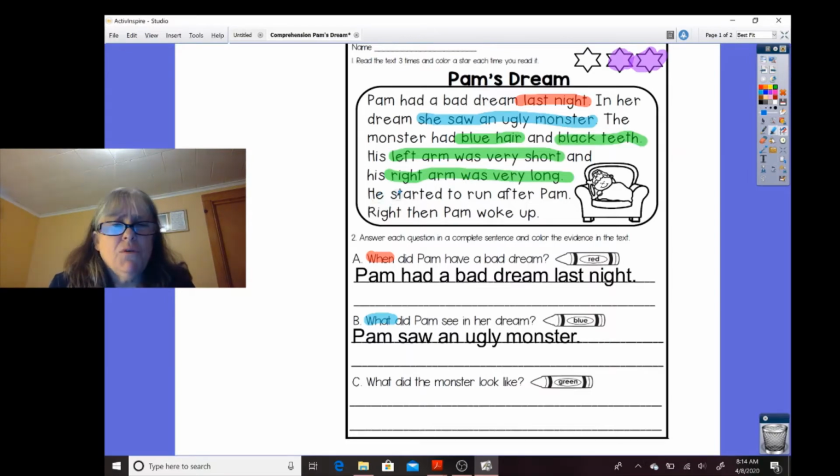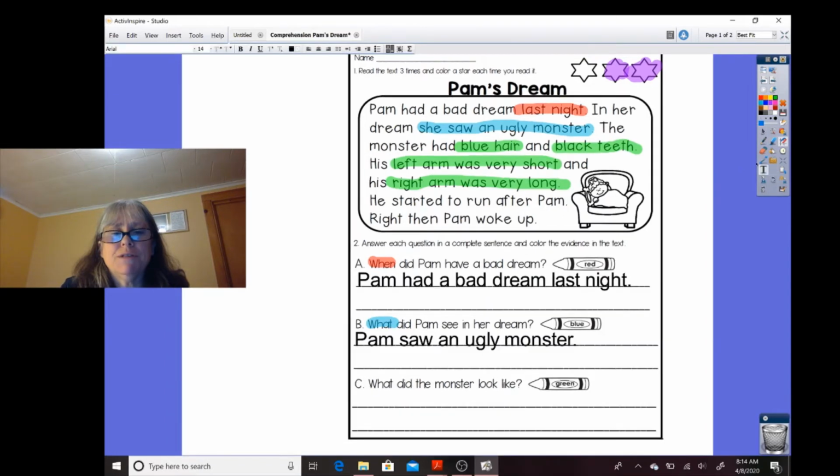Let's just see if there's any more information. He started to run after Pam. So that tells me what he did, but it doesn't tell me what he looks like. Right then, Pam woke up. Okay, so I think I have all the information I need. Now I have to try to put that into a sentence. And that is a lot, because that's 2 sentences that I have to try to combine into one.